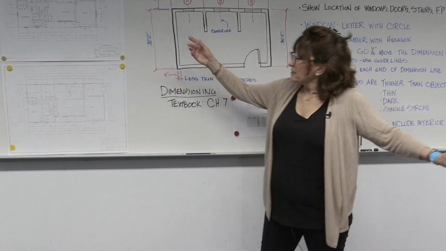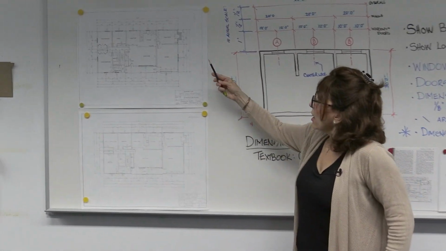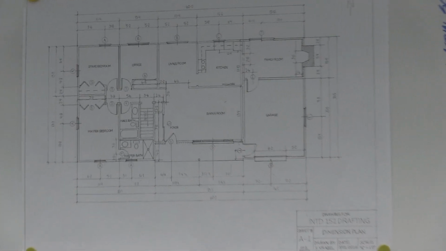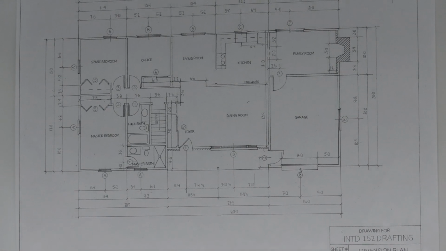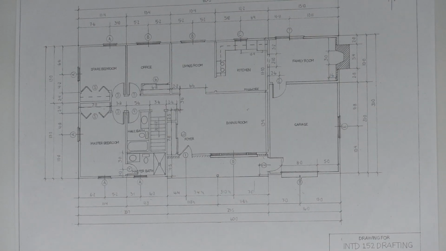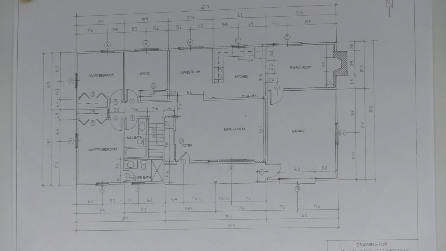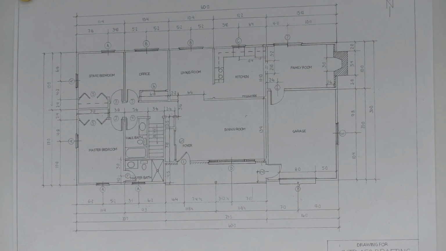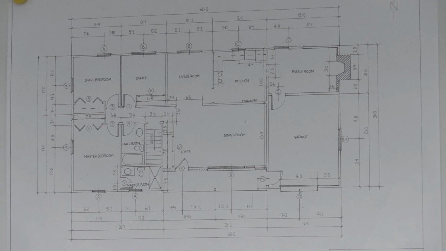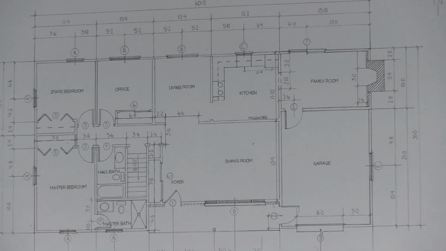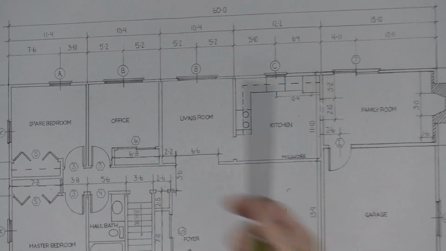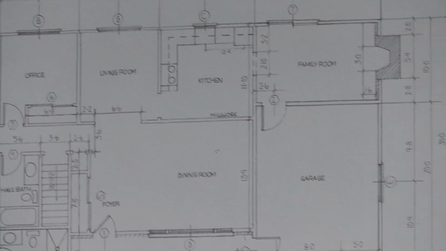I've put 2 examples of a dimensioned plan on the board. There are 2 examples, and there are a few things that you need to understand about dimensioning. Why do we dimension a plan? We want to make sure that we show the builder the width and the length of the building.